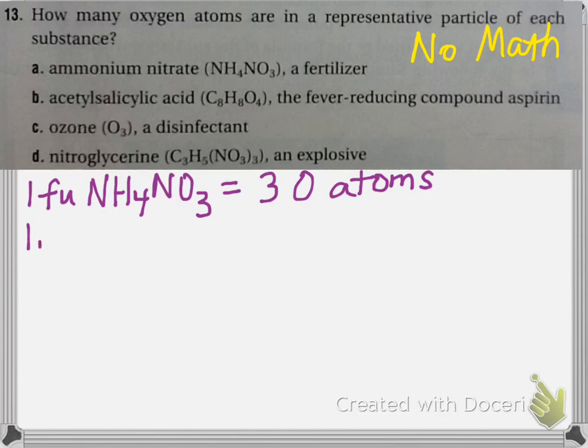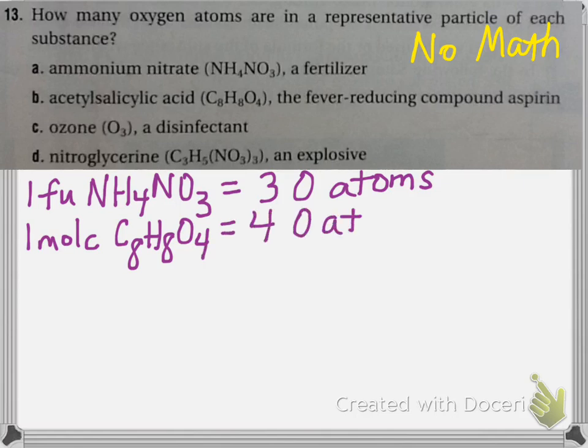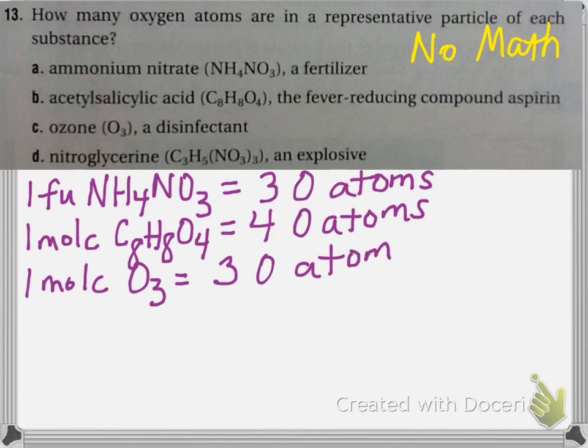In 1 molecule of acetylsalicylic acid, there are going to be 4 oxygen atoms. In 1 molecule of ozone, there are going to be 3 oxygen atoms.